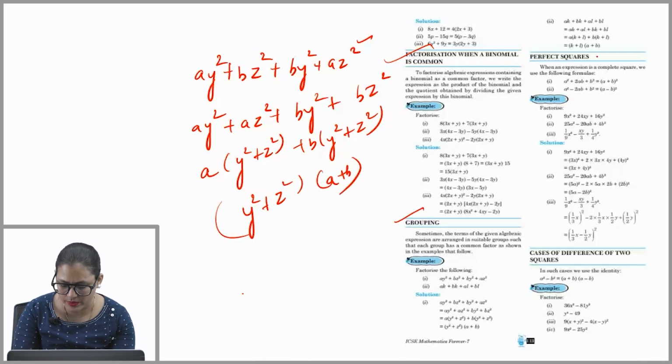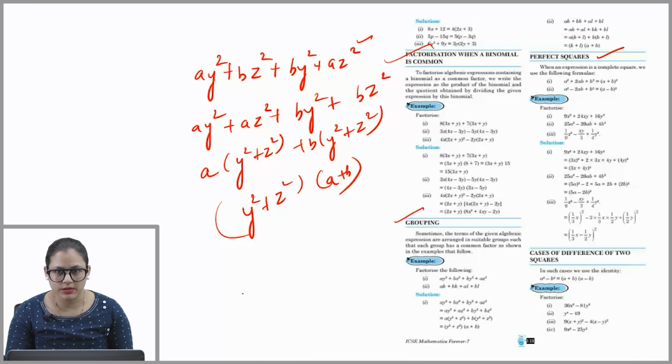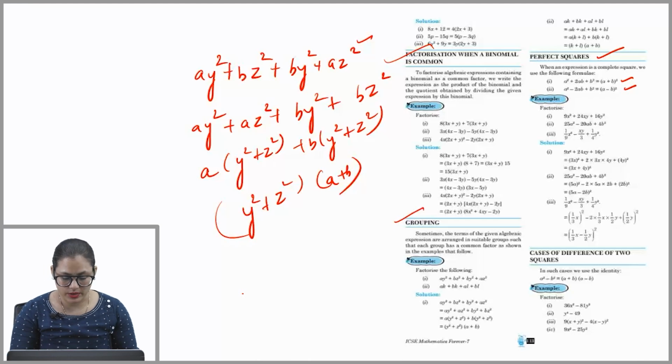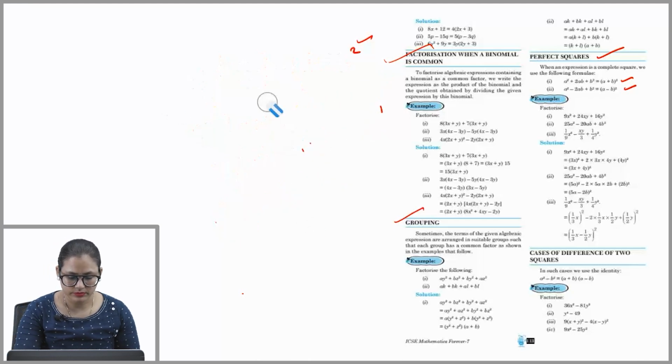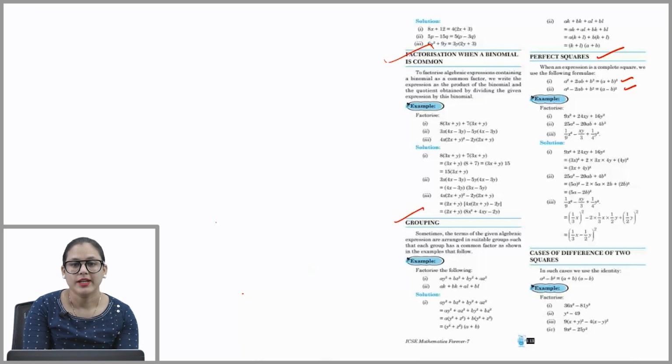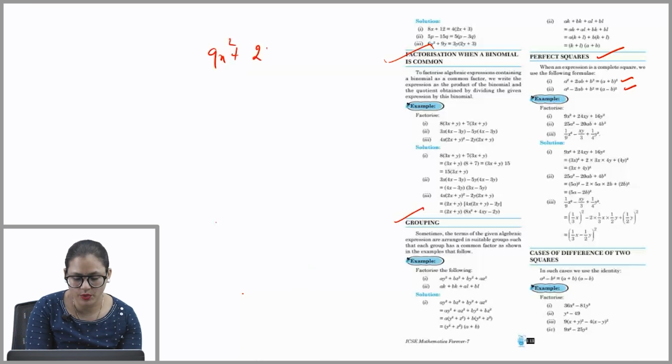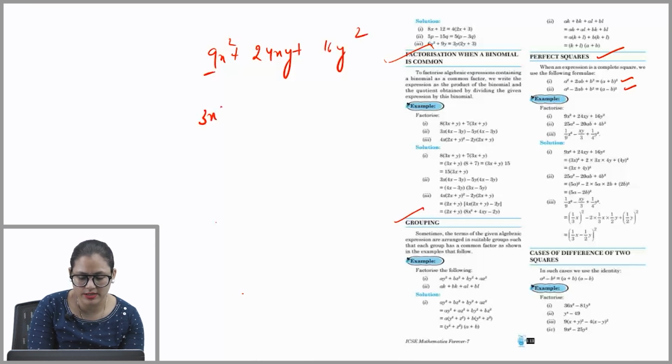Next, perfect squares. When an expression is a complete square, we use the following identities. We learned about this in the previous chapter also. For example, 9x square plus 24xy plus 16y square. 9x square is the square of 3x, and 16y square is the square of 4y, and the middle term is 2 into 3x into 4y.